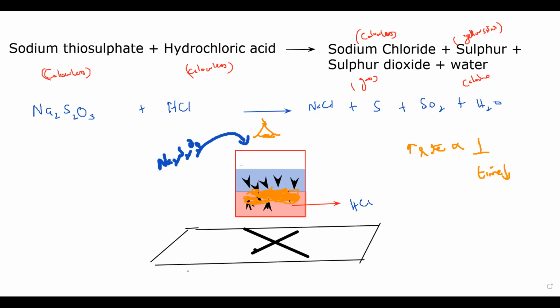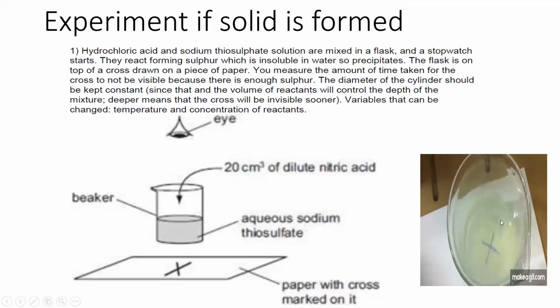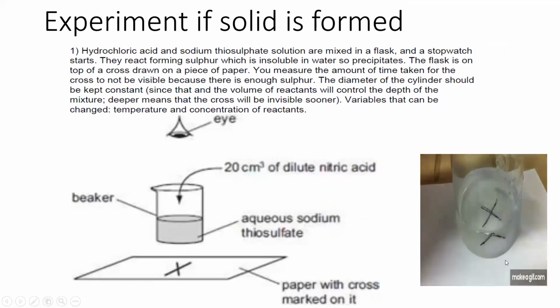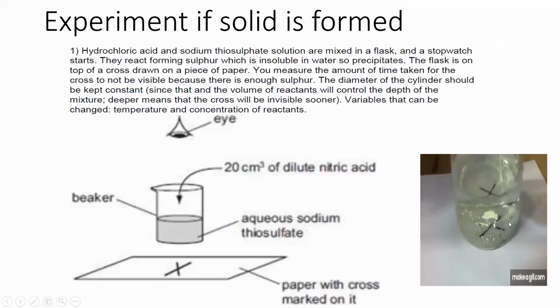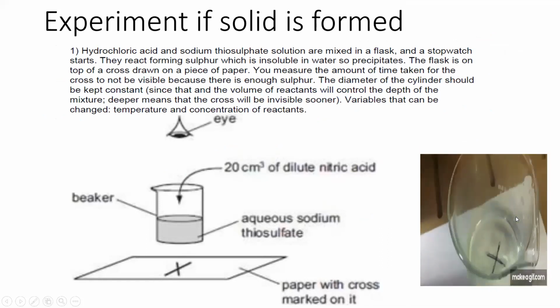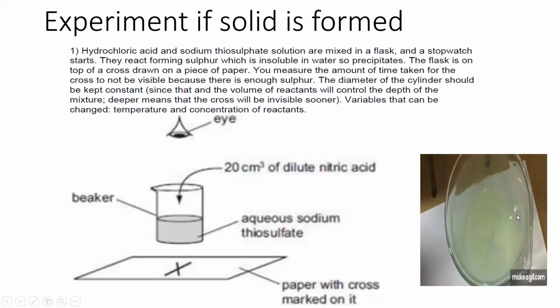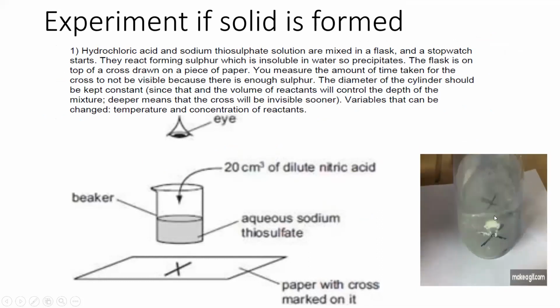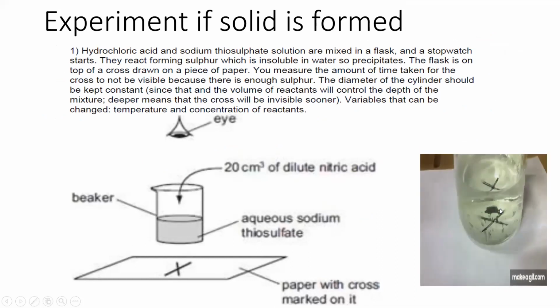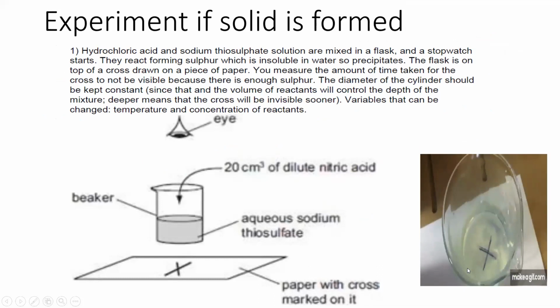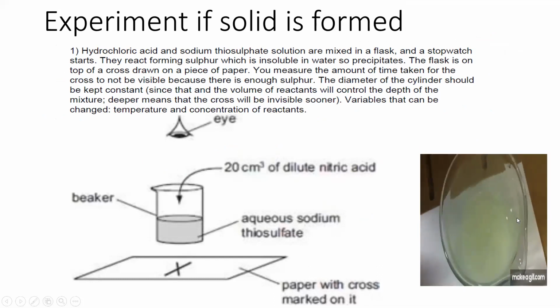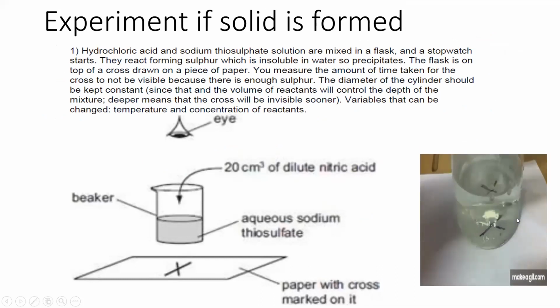As you can see in this animated image, first we have HCl and then we add sodium thiosulfate. Or first we have sodium thiosulfate, then we add HCl. Both are colorless, we don't see anything. But after some time, when we mix the two solutions and look from the top, because sulfur starts to form, the solution will turn cloudy.